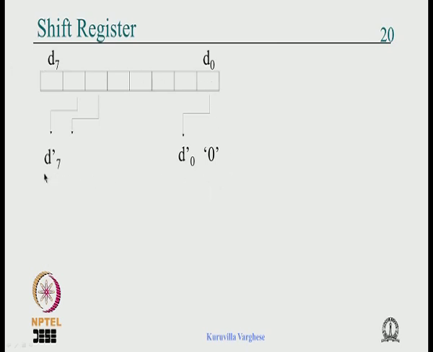Suppose you want a left shift by 1. This is stored in a register and it is not changing, and you want a shifted version of this, left shifted by 1. It is very simple.